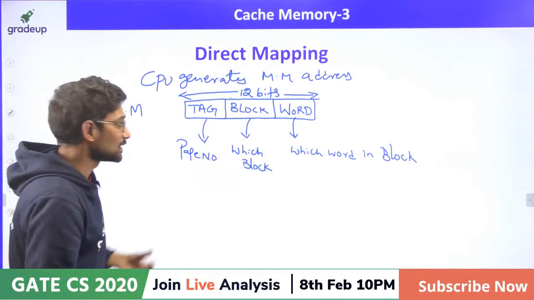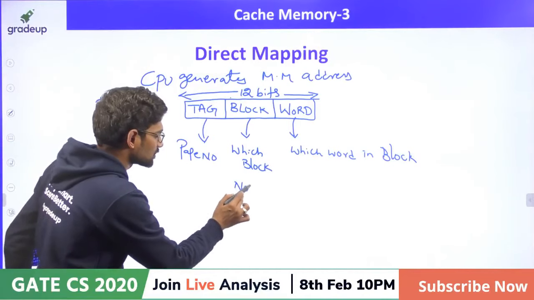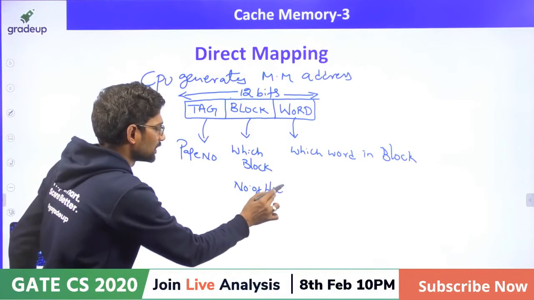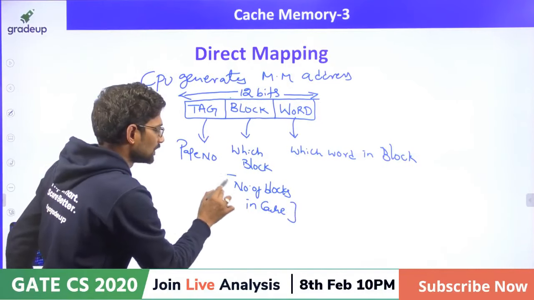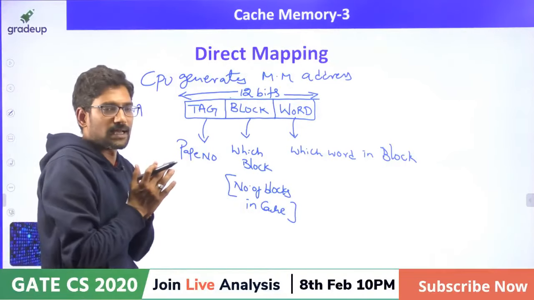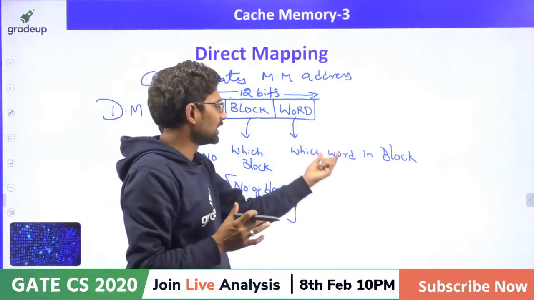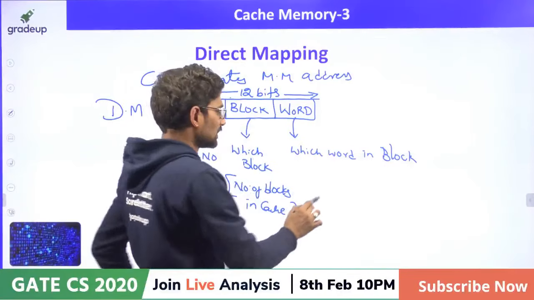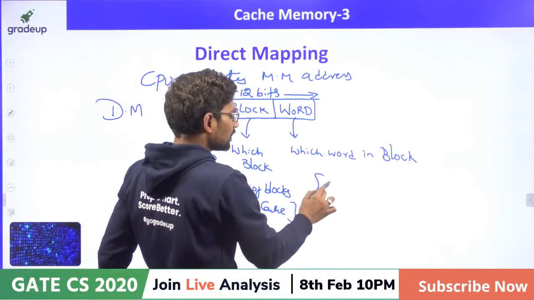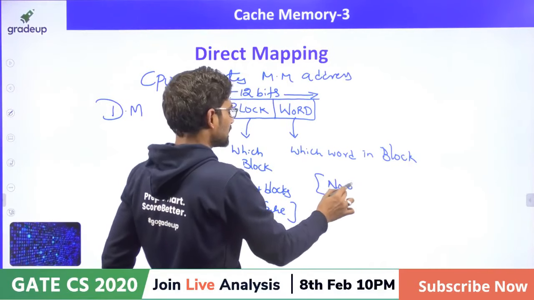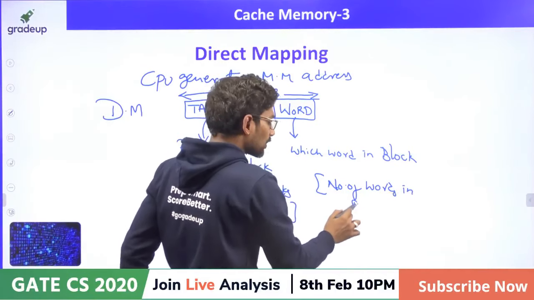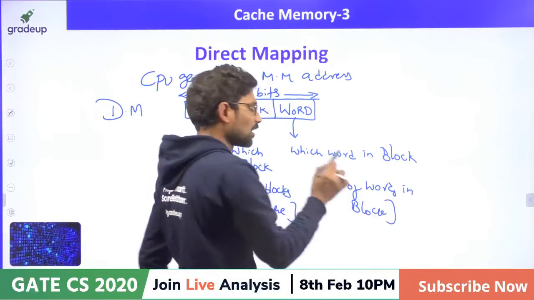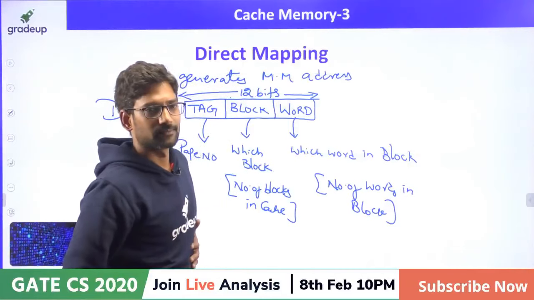Block indicates the number of blocks in the cache memory, so this refers to how many blocks are in the cache memory. Similarly, word indicates which word in a block. That means it refers to the number of words in a block. In a block, how many words are there?